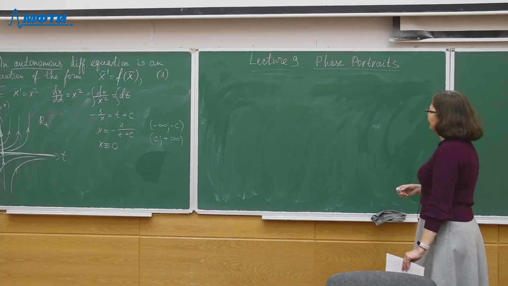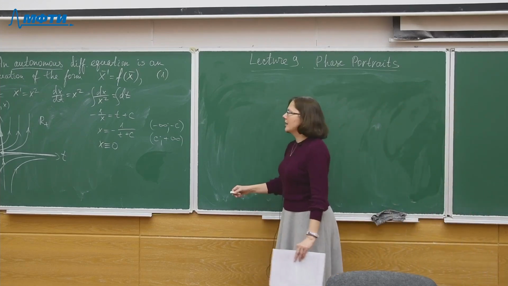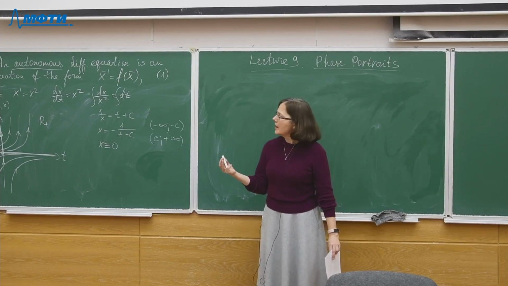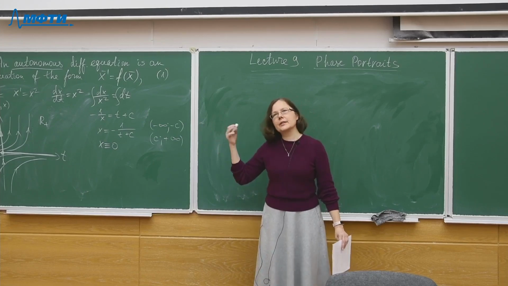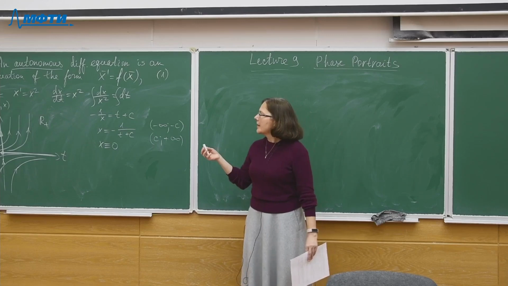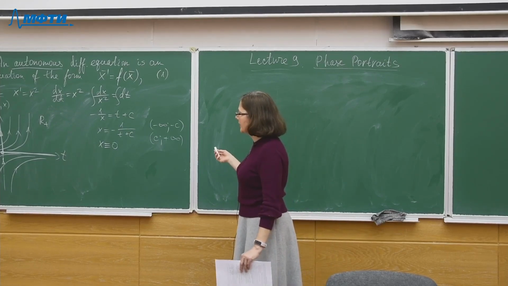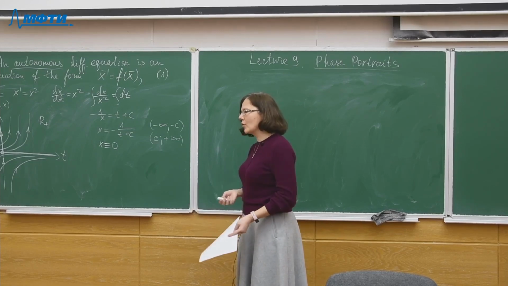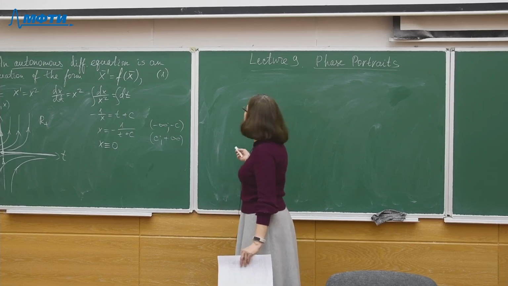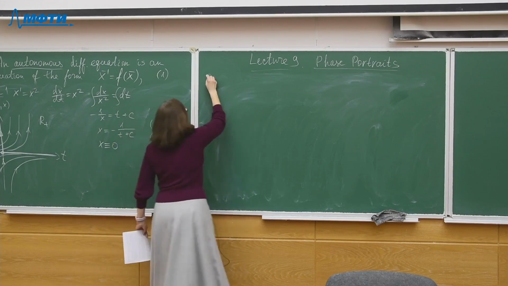And sometimes it may happen that for different differential equations we have the same phase portraits, right? But the speeds of motion along these phase trajectories may be different. So this was example number 1, and let's consider example number 2.